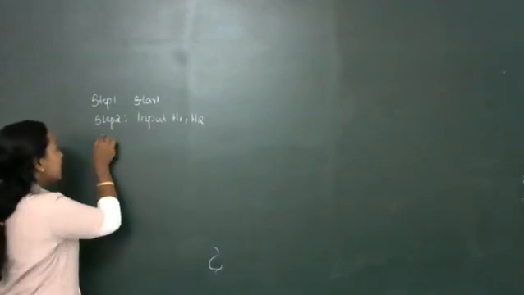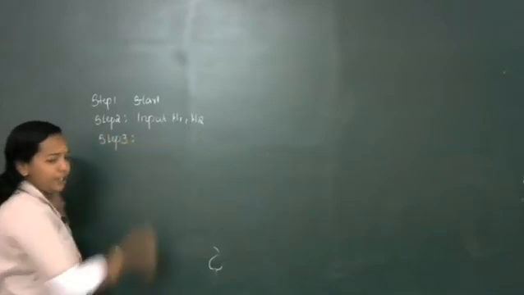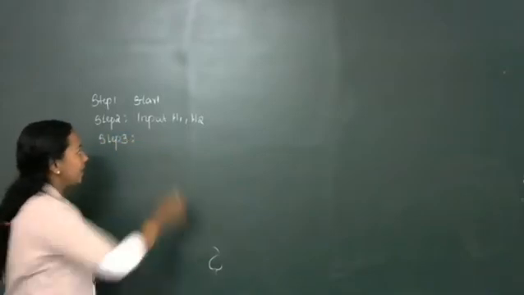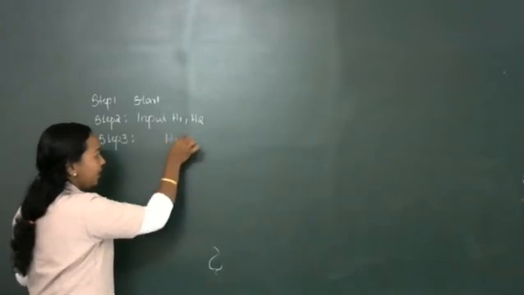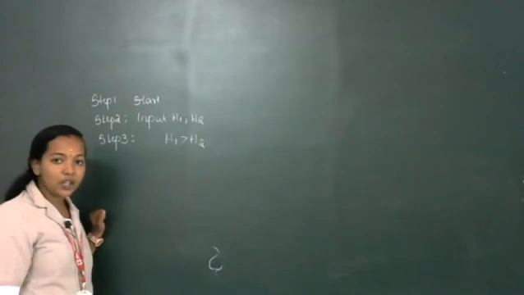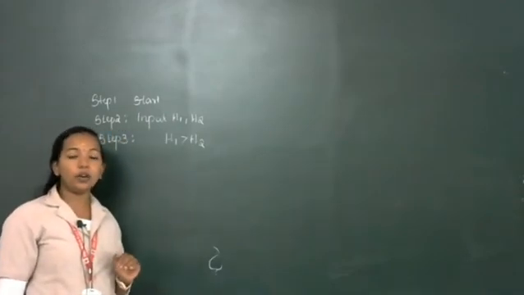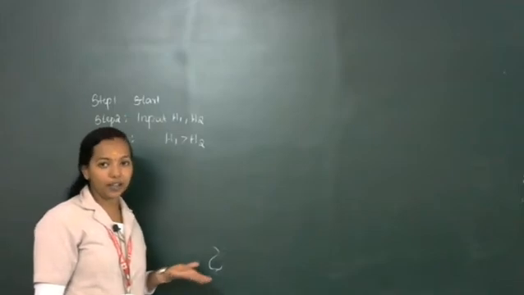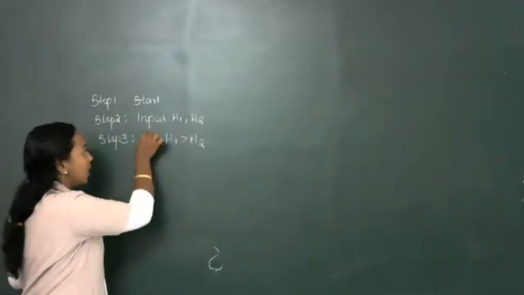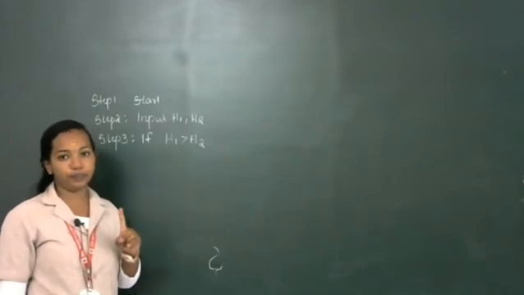Then next, I am going to write the condition. Step 3. What is the condition? H1 greater than H2. Normally in an algorithm, if we are specifying the condition, before that you want to insert one keyword. What is that keyword? If.